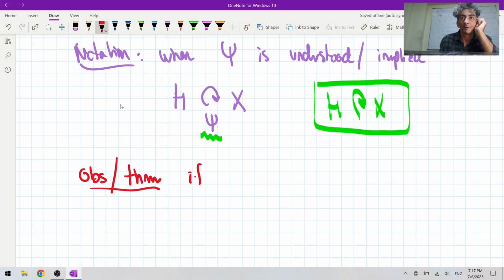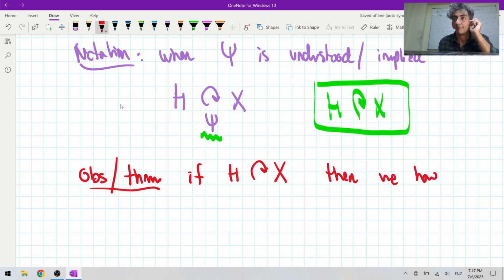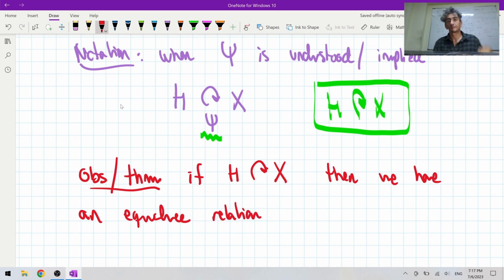If a group H acts on X, then we have an equivalence relation on X.